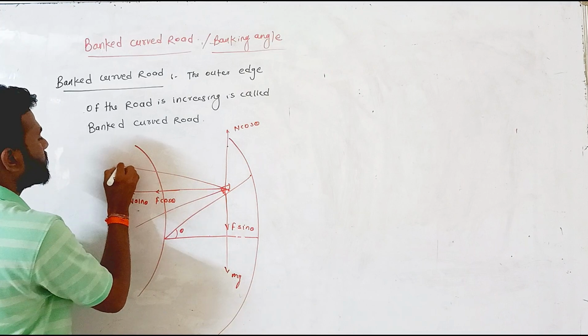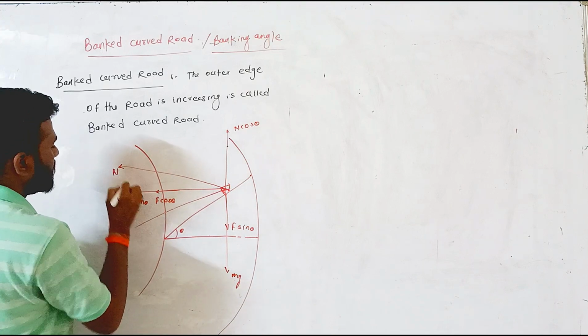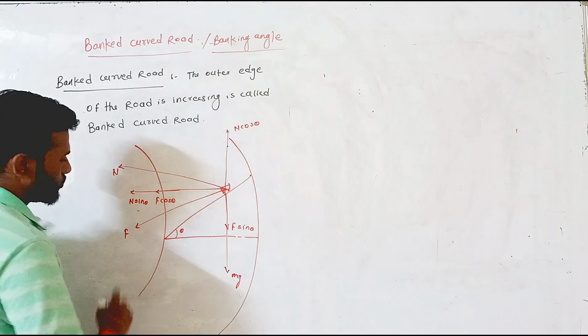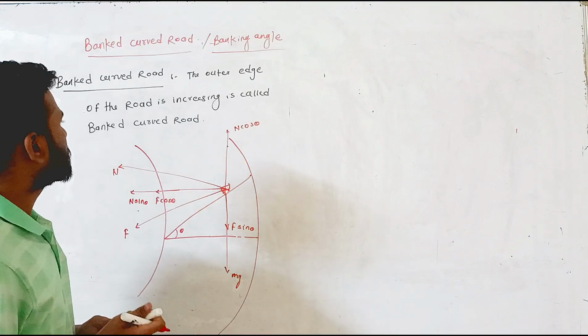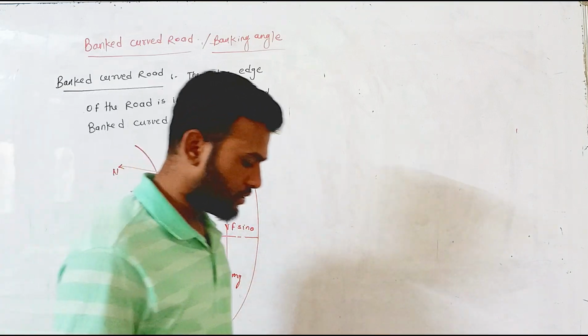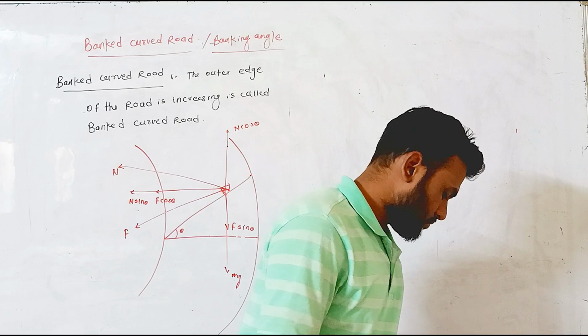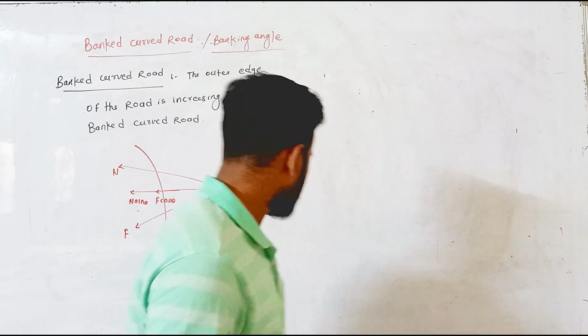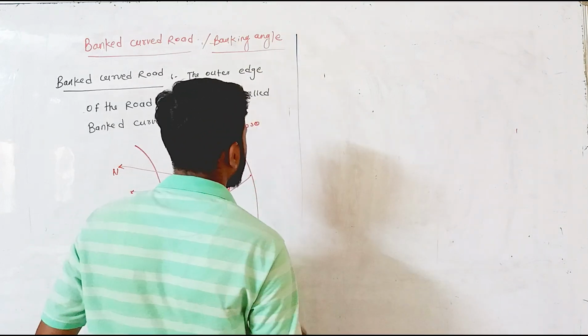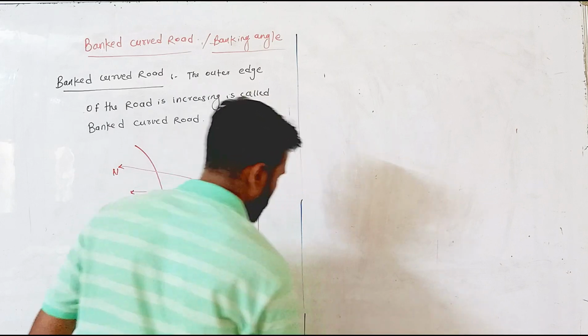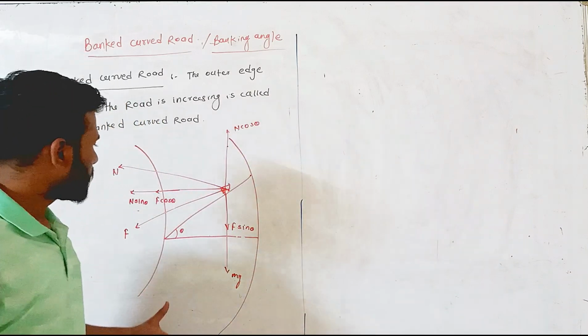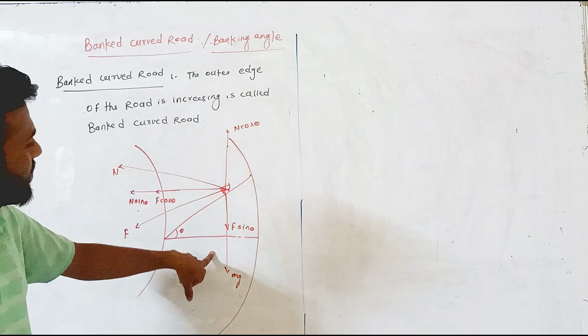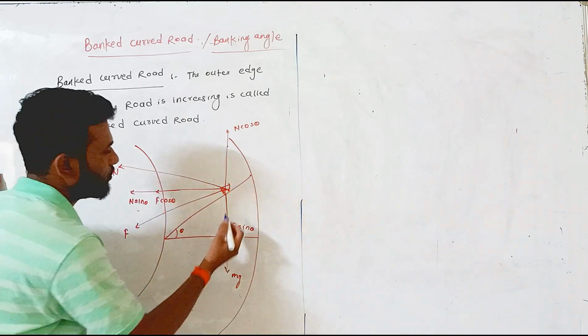So this is the normal reaction, and this is the force. First of all, we have written all these things: vertical component and horizontal component. This is the vertical direction, this is the horizontal direction.